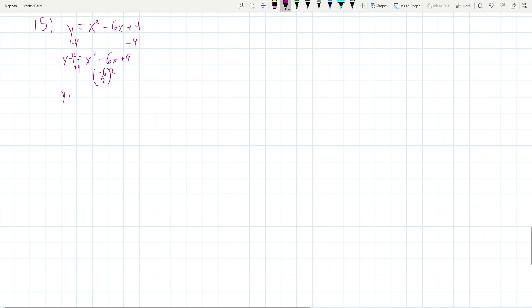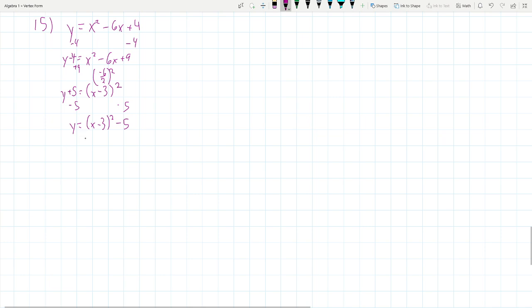And so I get y, negative 4 plus 9 is positive 5, equals x minus 3 squared. If I subtract 5 from both sides, I get y equals x minus 3 squared minus 5.